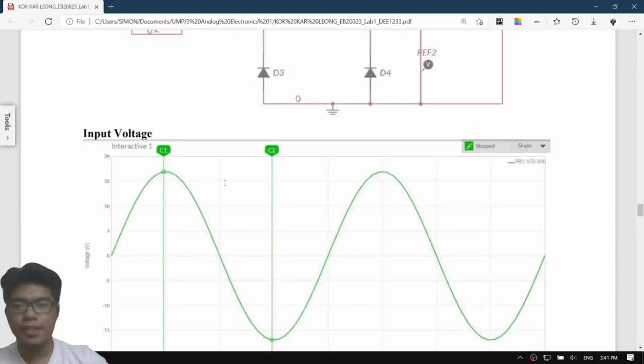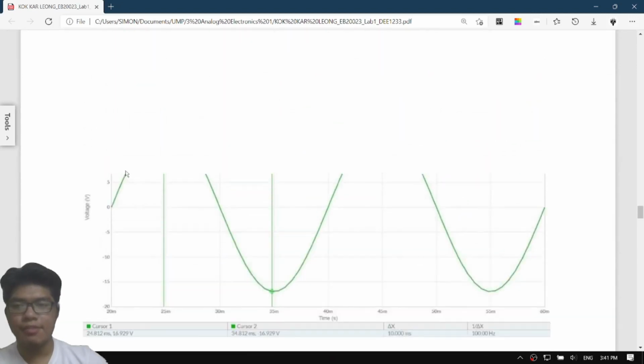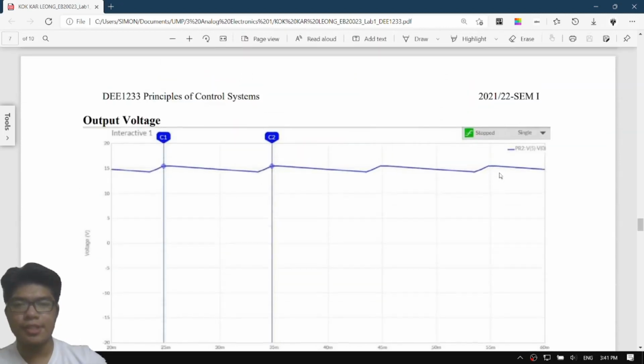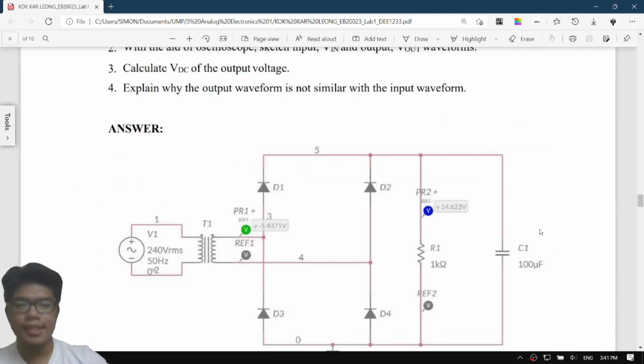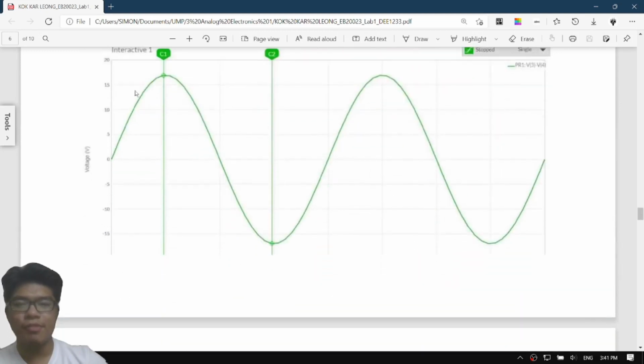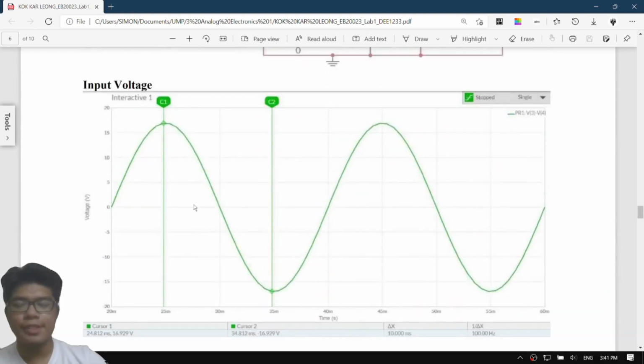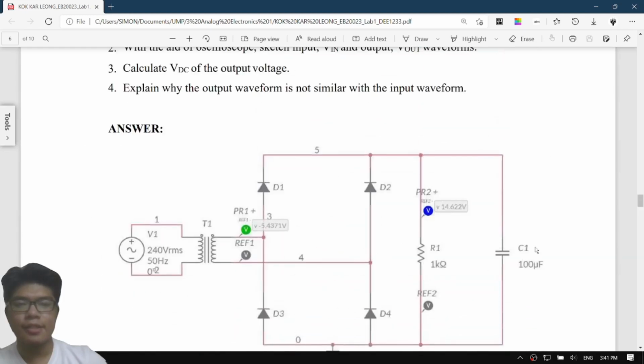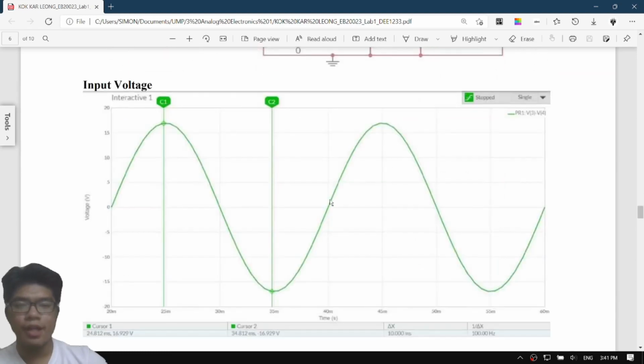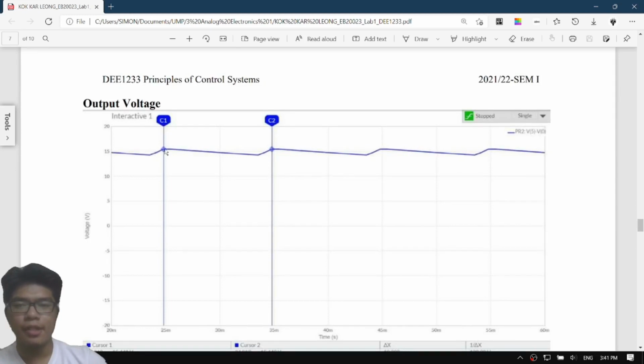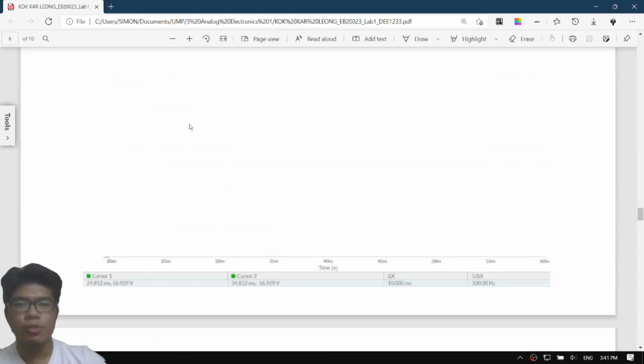The main reason the input voltage is different from the output voltage is because the capacitor acts as a source when the input voltage drops to 0 to begin the negative cycle. When there is no voltage across the capacitor, it will act as a source, and then it discharges its voltage across R1, so the voltage across R1 will become constant without dropping to 0.